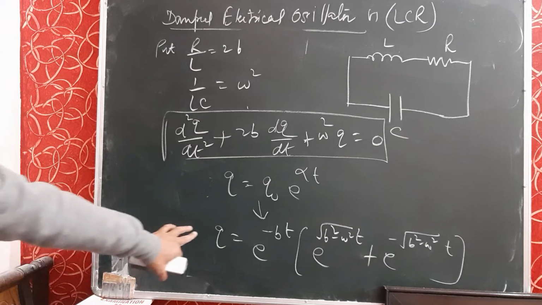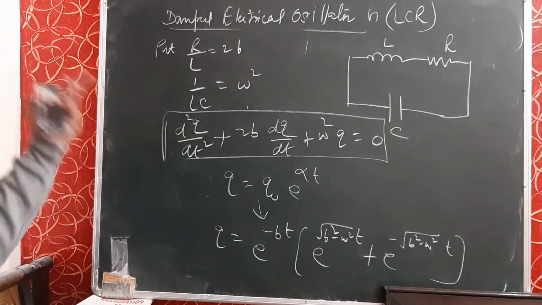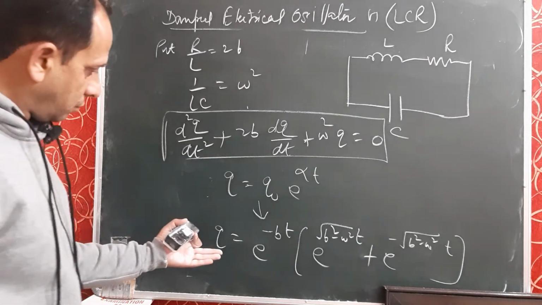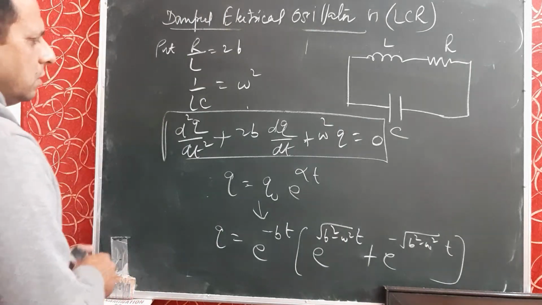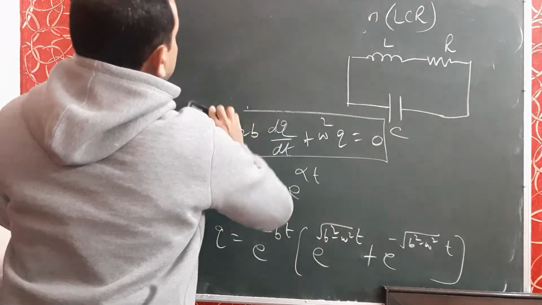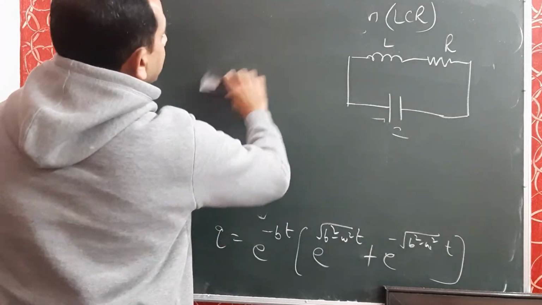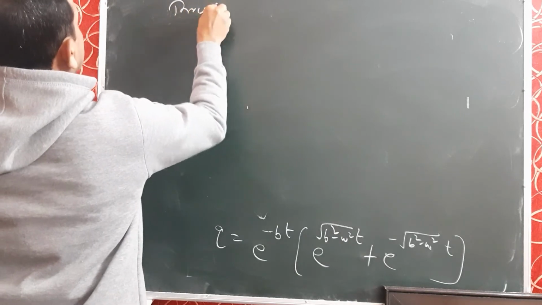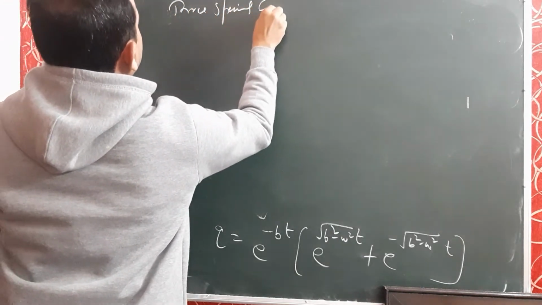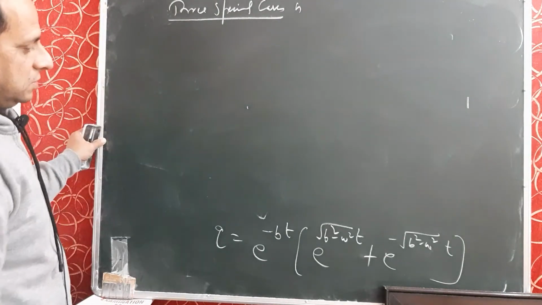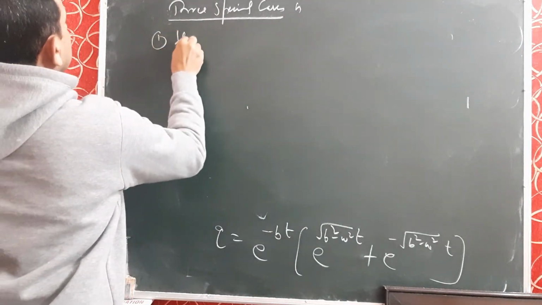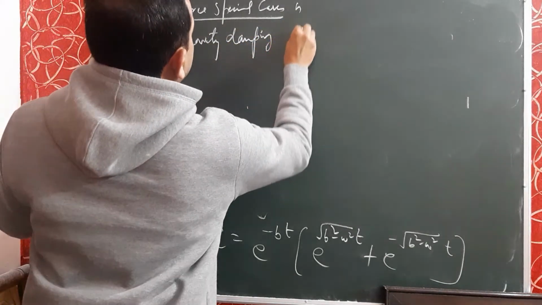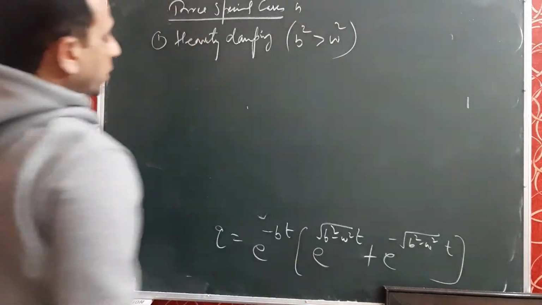The only difference is that here it is q, but in that case it was x, and therefore the same three cases arise: heavily damped, critically damped and lightly damped. In this case again three special cases arise. First one is heavy damping, that is b square is greater than omega square.